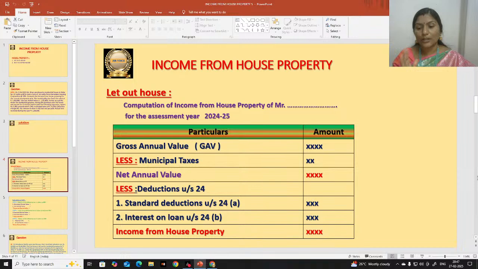GAV should always be calculated; it will not be given in the question. Next, we have to deduct municipal taxes from gross annual value.